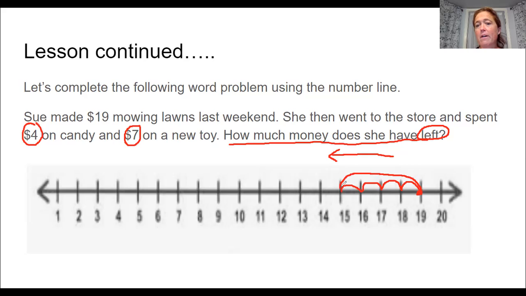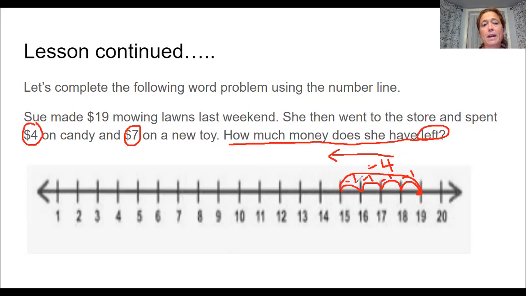Either way, you end up on 15. We're going to label our jump so we know we subtracted 4. If you don't feel comfortable subtracting 4 altogether, you could also subtract 2 and then subtract 2, or you could subtract 1 each time. Just make sure you label your jumps. -1, -1, -1, -1. Okay?